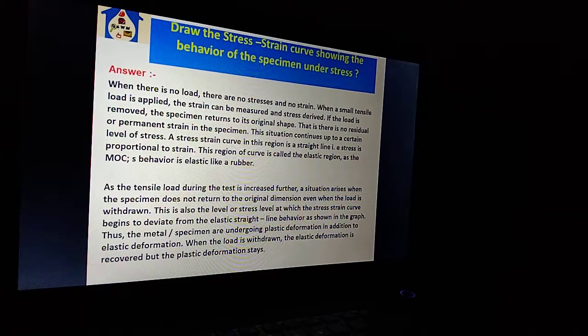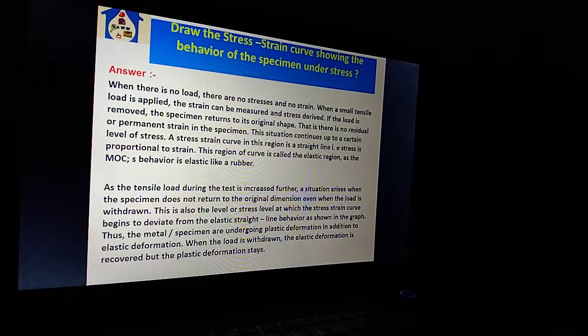As the tensile load during the test is increased further, a situation arises when the specimen does not return to the original dimension, even when the load is withdrawn.